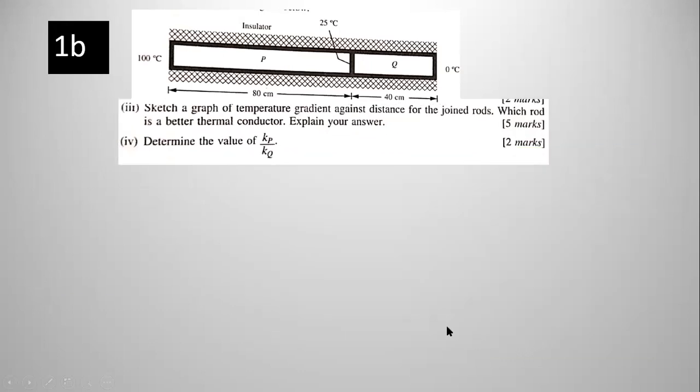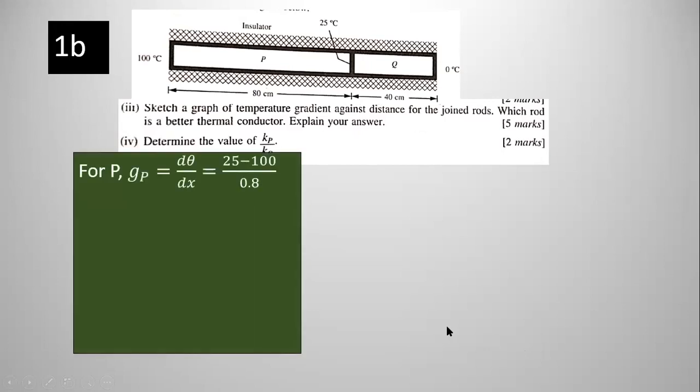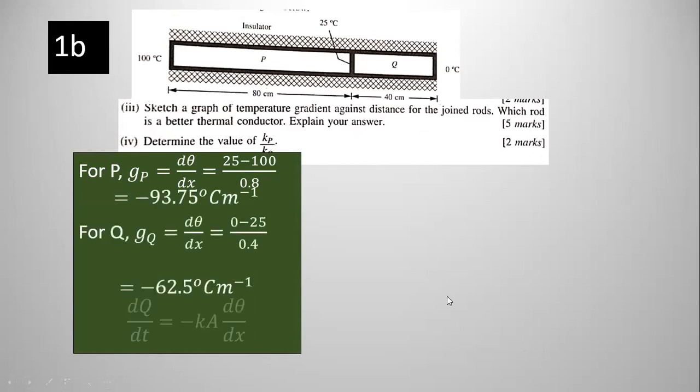Then after that, the calculation. Remember your temperature gradient. We have calculated that, and use this formula. Your dQ/dt is the same.